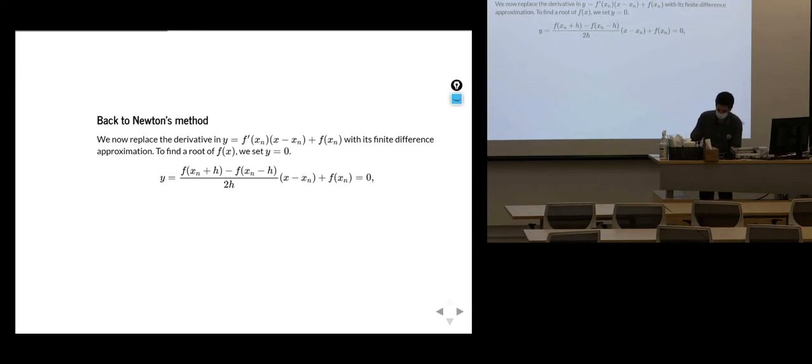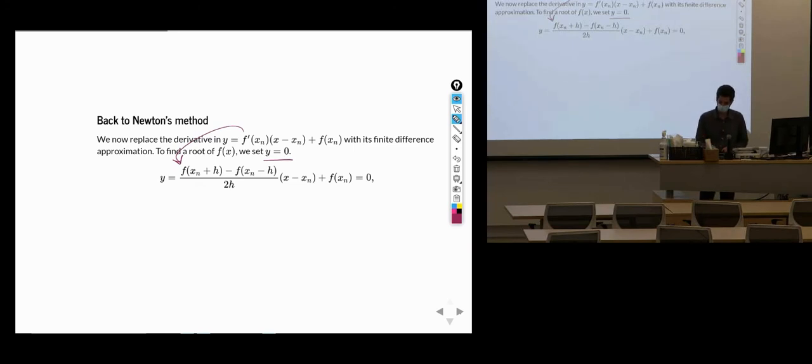So let's go back to the Newton algorithm. Find a line at the arbitrary point that we are, xn. To find the root of f, because we approximate our function with that line, set the line equation to be 0. So set y to be 0. Besides, replace the derivative with the central difference we just talked about. This gives you an equation.